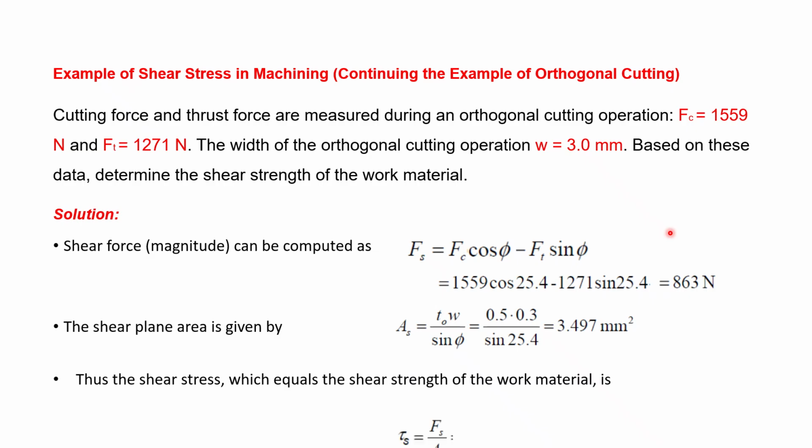I just need to find the value for tau S, the shear stress, which is equal to 863 divided by 3.497, and this gives me 247 Newton per millimeter squared, which is equal to 247 megapascal. That's the answer for the question, and then we're going to move to the next part.